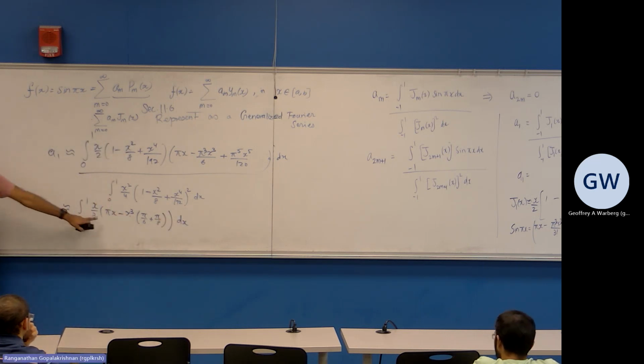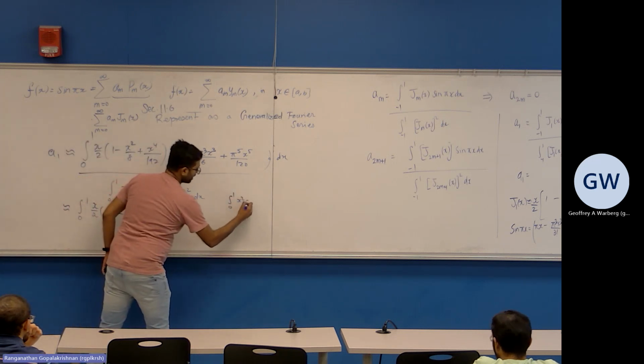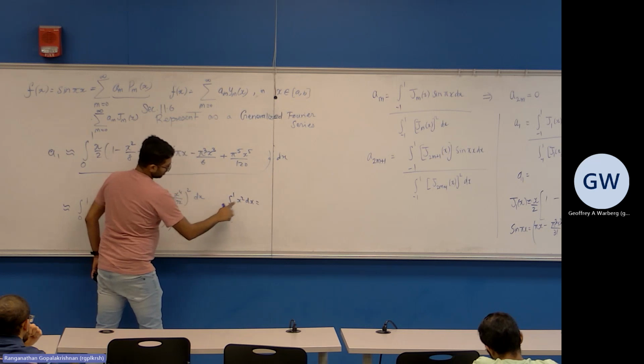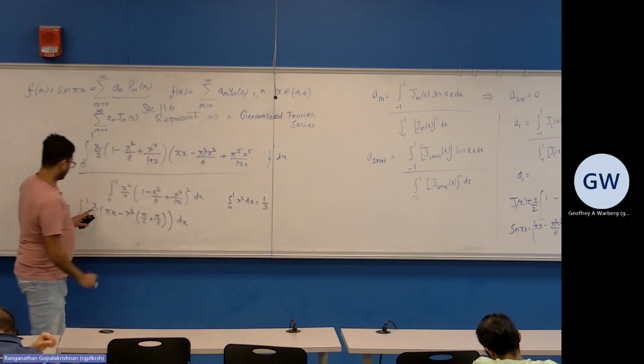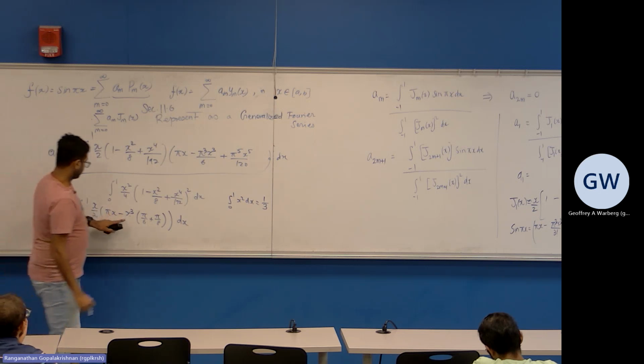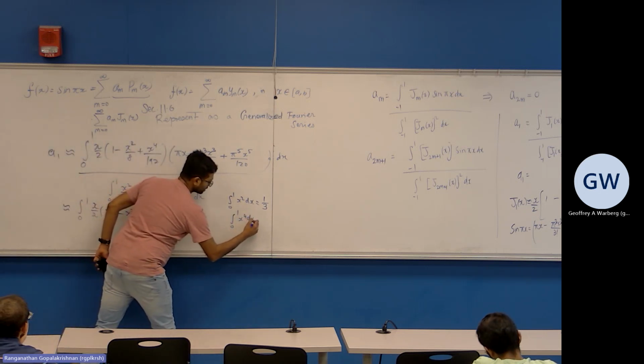Now this integration isn't so bad. It's like saying what is 0 to 1 x squared dx, which is 1/3, right? And this is x to the fourth, 0 to 1 x to the fourth dx, which is 1/5.